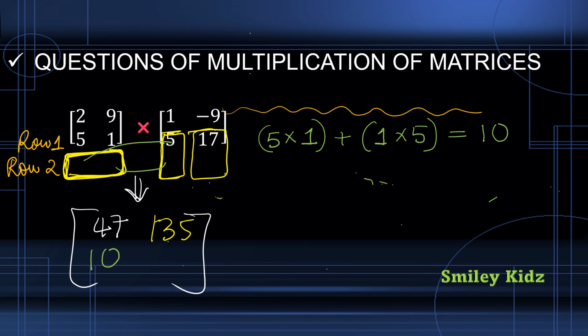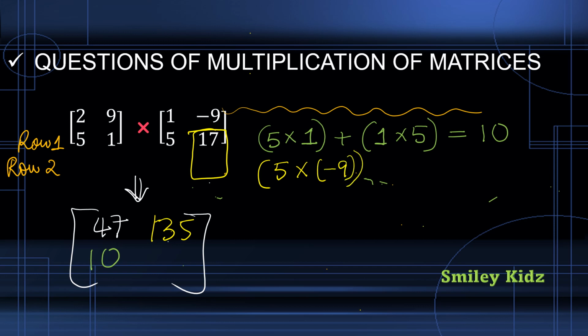So here you're going to have 10. Moving forward, we have 5, 1, which is going to be multiplied with minus 9, 17. That is the second column of second matrix. So 5 into minus 9 plus 1 into 17. This is going to be equal to minus 45 plus 17.